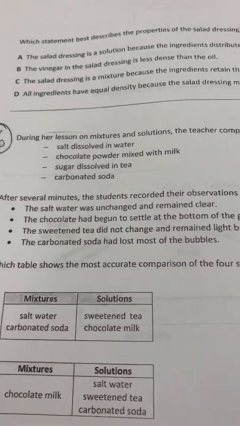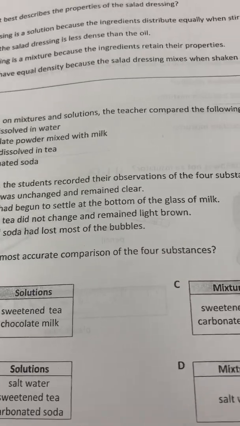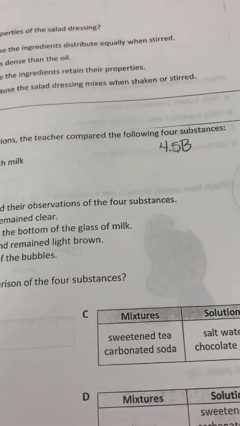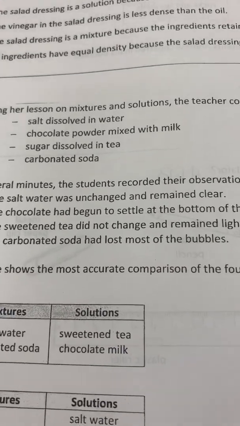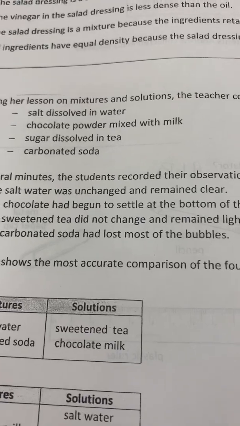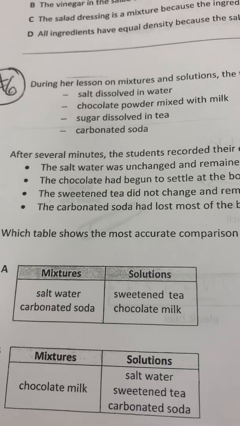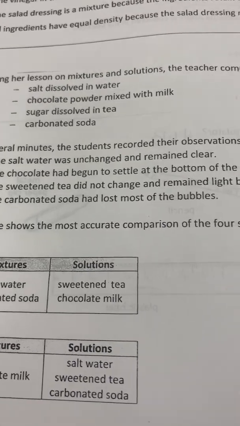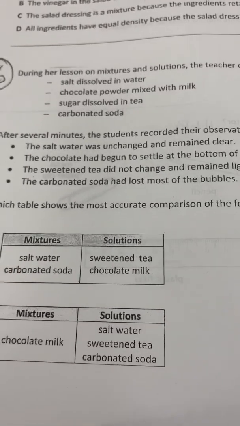Number 6. During her lesson on mixtures and solutions, the teacher compared the following 4 substances: salt dissolved in water, chocolate powder mixed with milk, sugar dissolved in tea, carbonated soda. After several minutes, the students recorded their observations of the 4 substances.